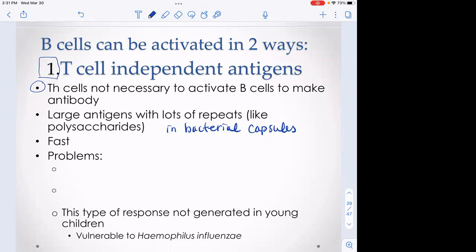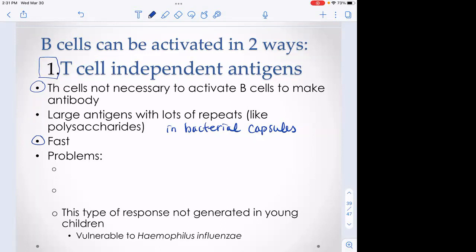The nice thing about B cells getting activated this way is that it's really fast. You don't have to wait around for the T cell receptor to find this and that. You get antibody pretty quickly, but there are a couple of problems with it.